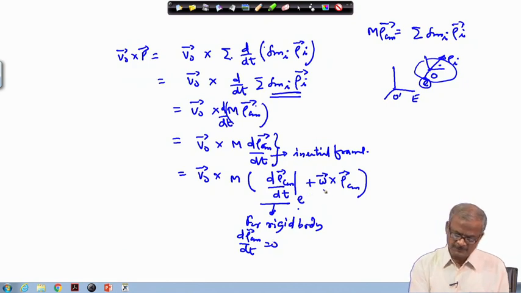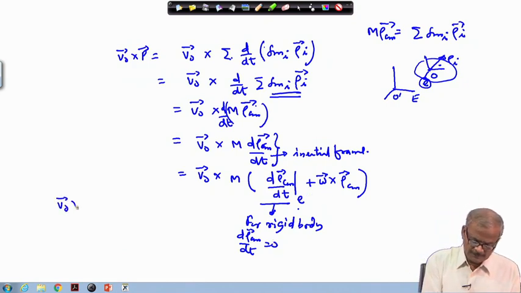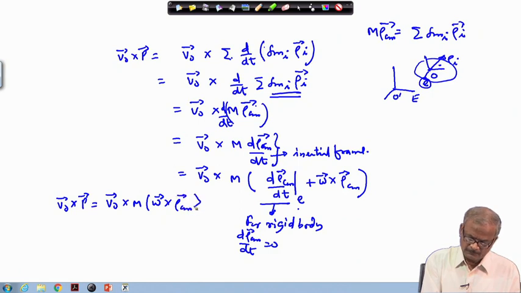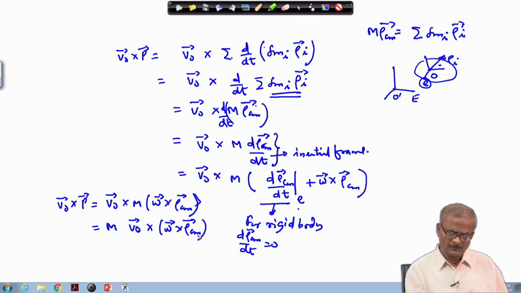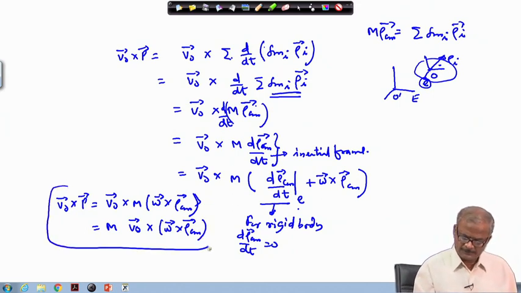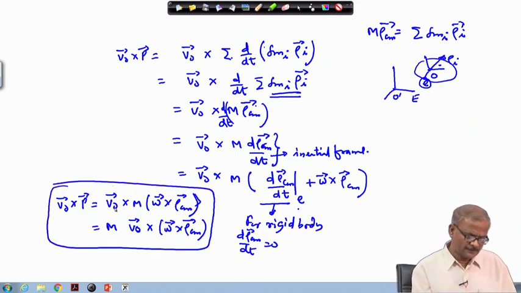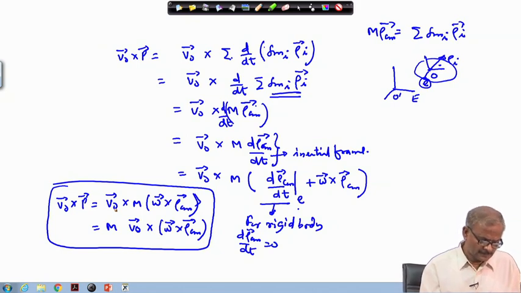So, this goes to 0, and therefore V 0 cross P becomes V 0 cross m times omega cross rho c m, or we can write this as V 0 cross omega cross rho c m. So, this is the particular expansion that we wanted to derive, and we have done it here.